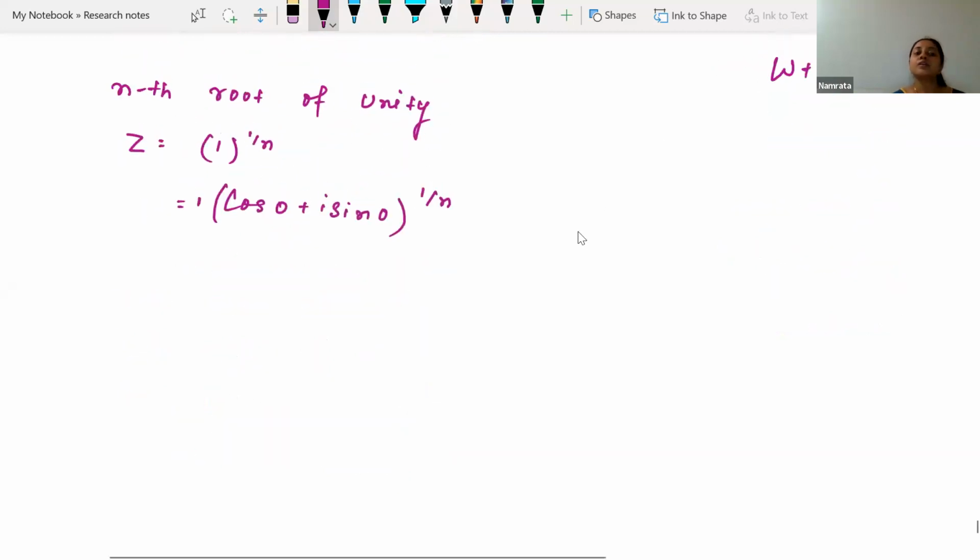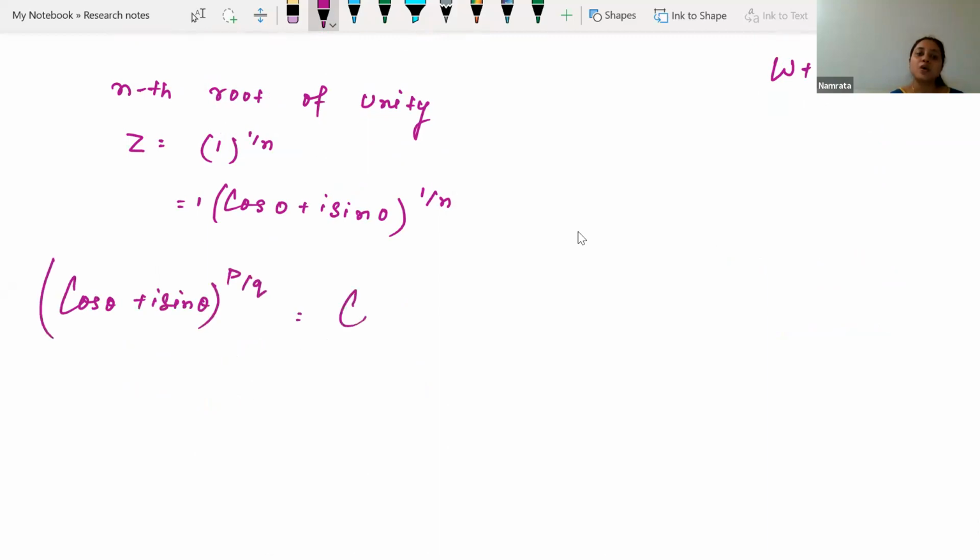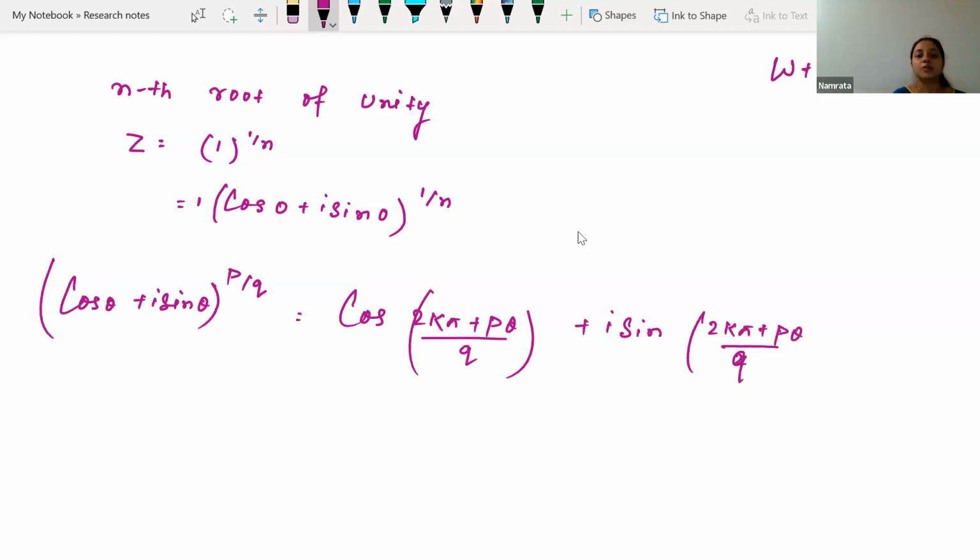So if we are going to apply de Moivre's theorem, what does it say? If we have cos theta plus i sin theta to the power p by q, then we can write it as cos of (2k pi plus p theta) by q plus i sin of (2k pi plus p theta) by q.